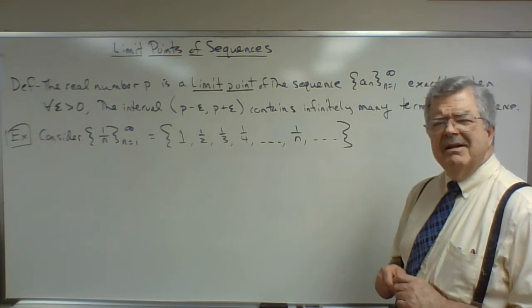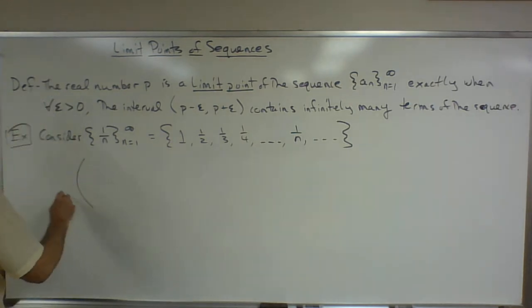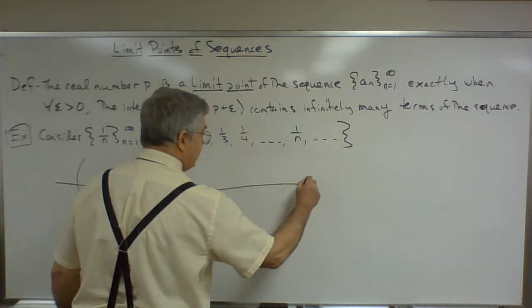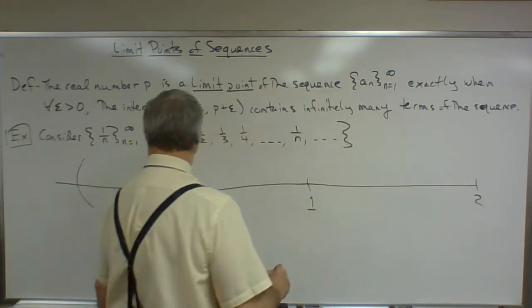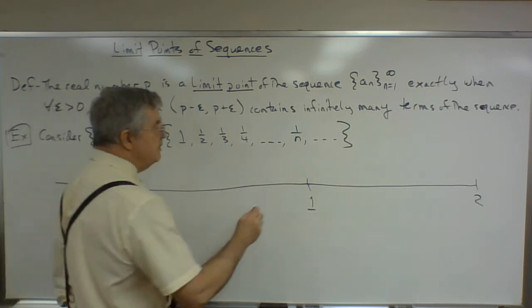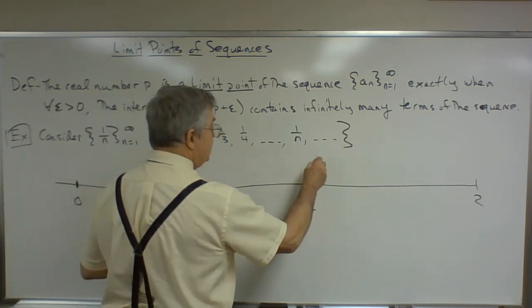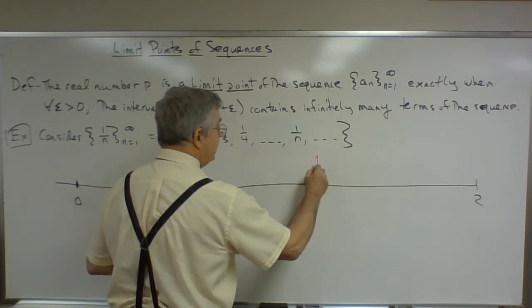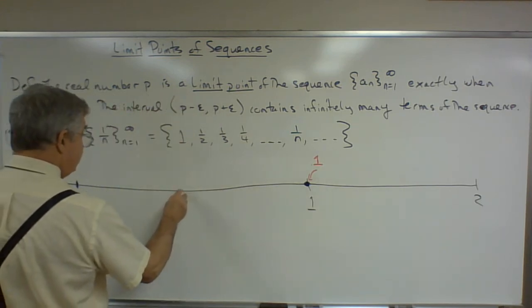So let's draw a picture here. And here's the first one. Here's our first term, 1 over n, or 1 over 1. Our second term is 1/2.